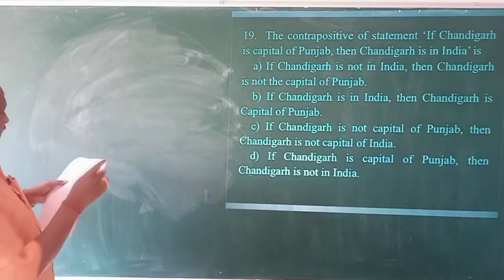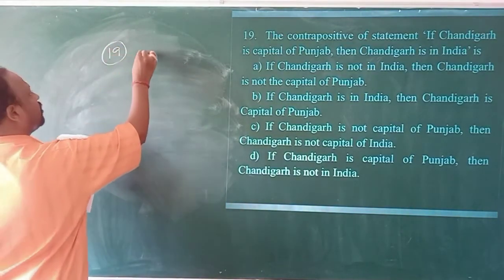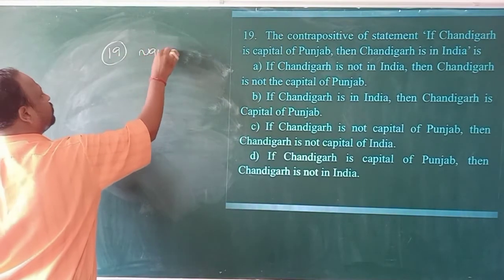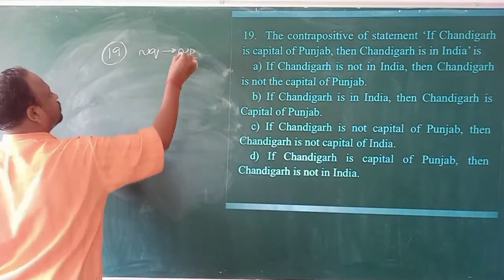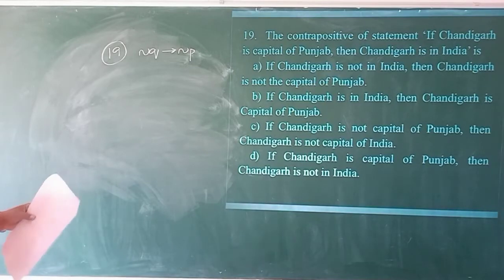Question number 19. Contrapositive: negation Q, then negation P. The sentence is, if Chandigarh is the capital of Punjab, then Chandigarh is in India.